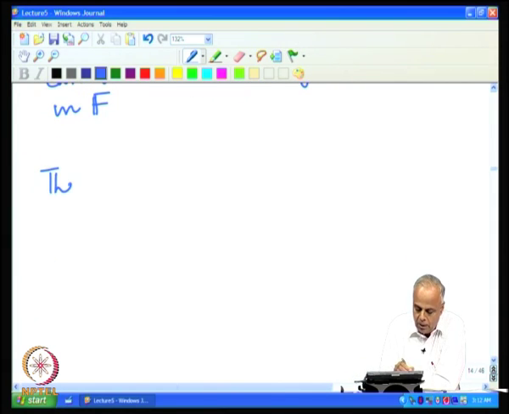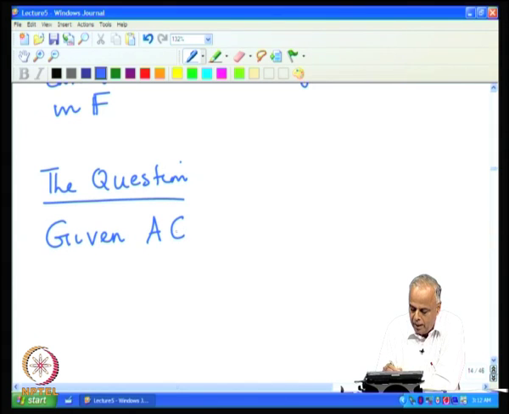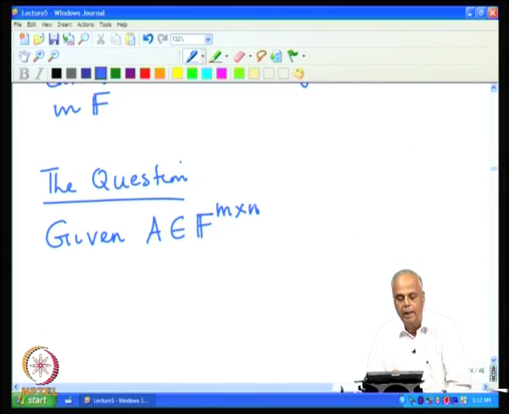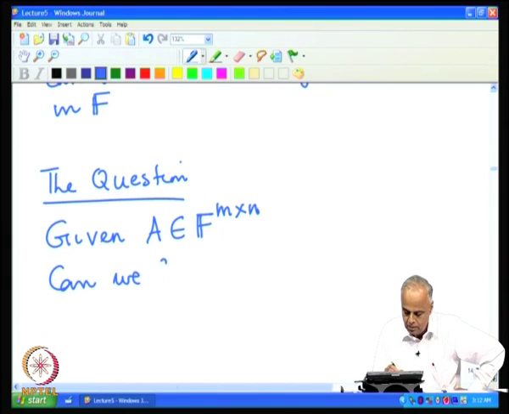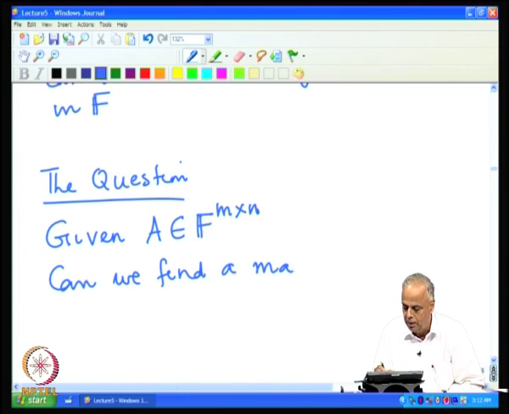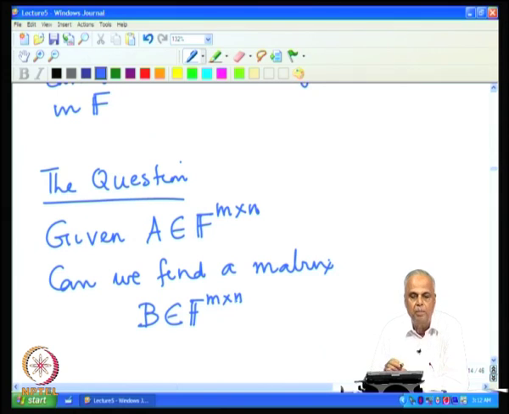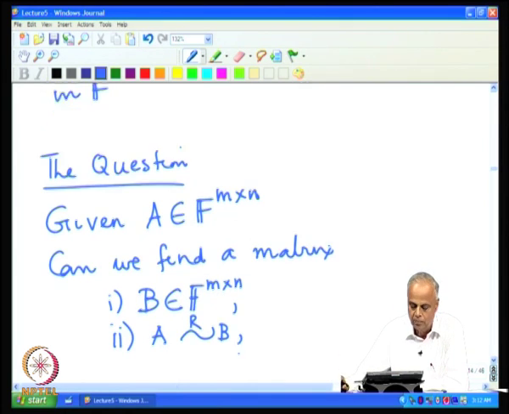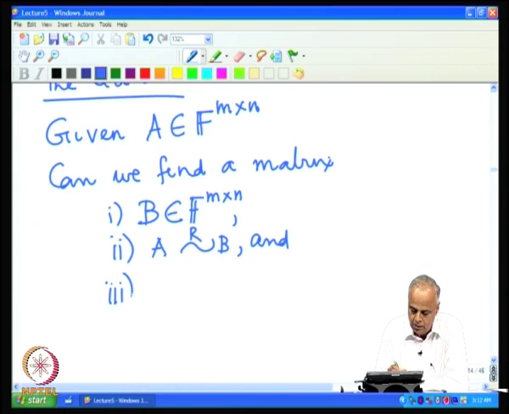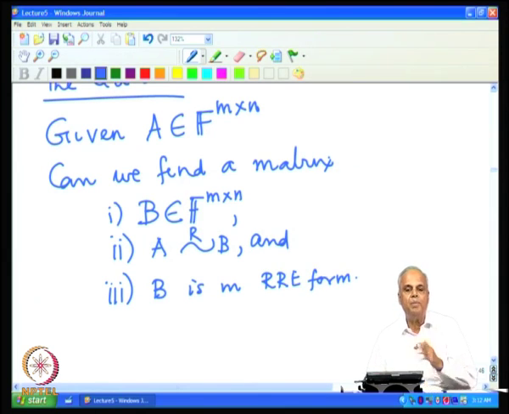Therefore, the question is: given any matrix A which is m by n, can we find a matrix B, also m by n, such that 1, 2, it is row equivalent to A, and 3, B is in row reduced echelon form. So, given a matrix A, we want to find a matrix B of the same size, which is row equivalent to A and which is in row reduced echelon form.